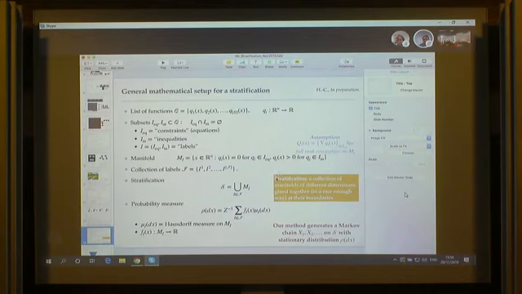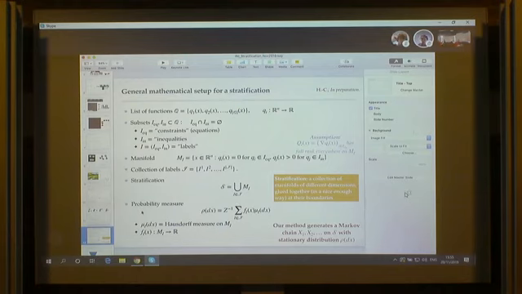So colloquially, the stratification is a collection of manifolds of different dimensions that are glued together in a nice enough way. So when one manifold is on the boundary of another manifold, it locally looks like a cone. So that's a stratification. That's a geometric object that we'll work with.